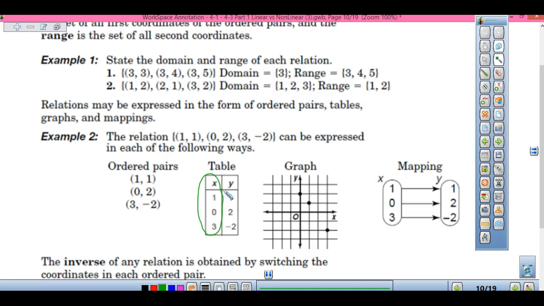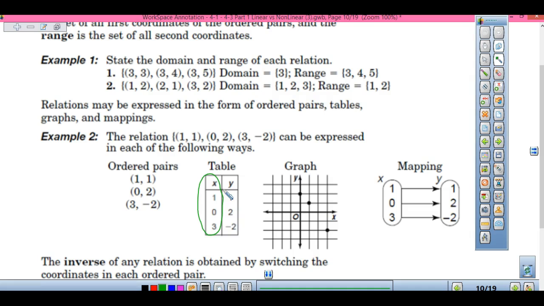If we look at just our X's and nothing repeats, it is a function. If something repeated, then it wouldn't be a function, and we'll get to a few of those. It's not a function, it's just a relation, because a function doesn't have any repeats in the X or in the input.